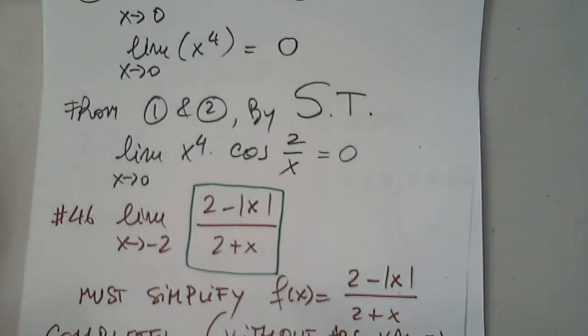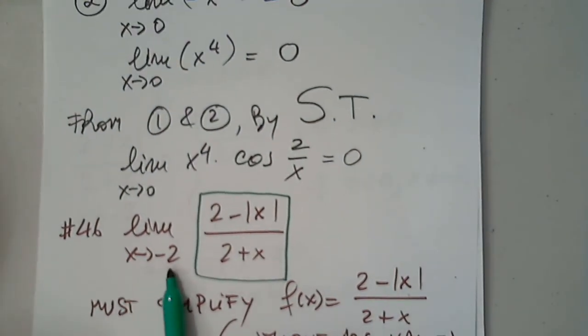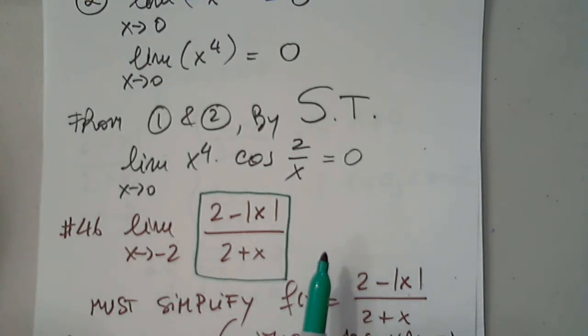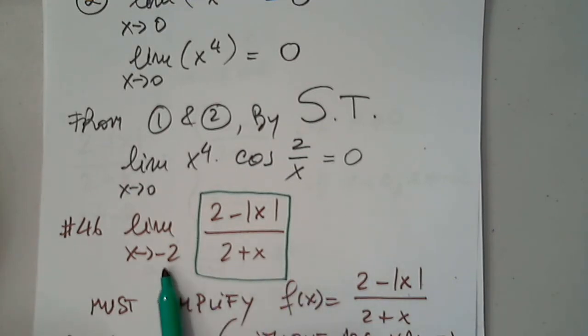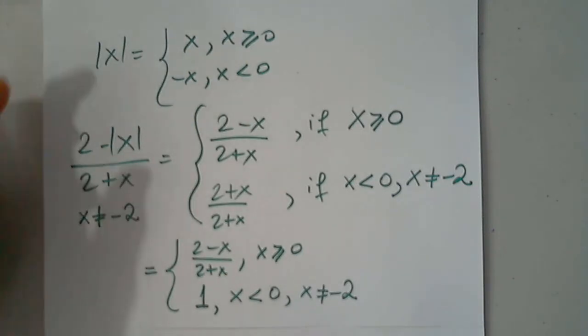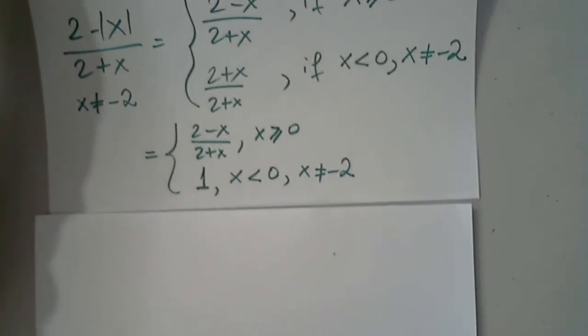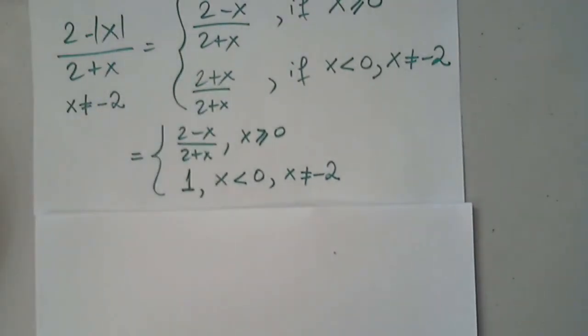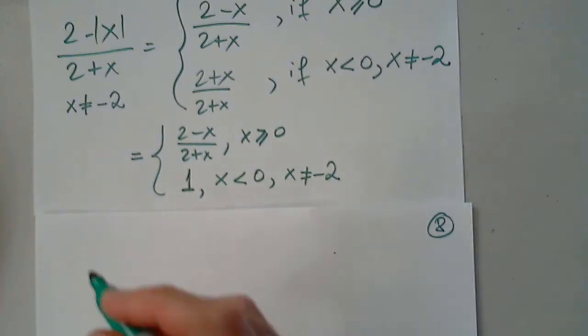So now, look what they want. They want the limit from the left and the limit from the right, or the limit directly from either side. So, perfect. Which branch do I use? I can only use one in this case.